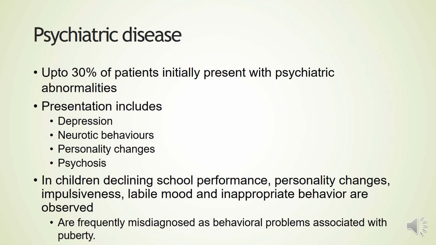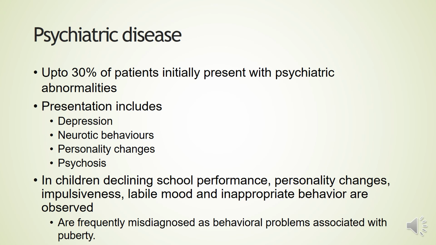And psychiatric disease: up to 30% of patients with Wilson's disease initially present with psychiatric abnormalities, and it is very unfortunate that parents sometimes don't pick up that their child has a psychiatric disease which may be curable or treatable, right?